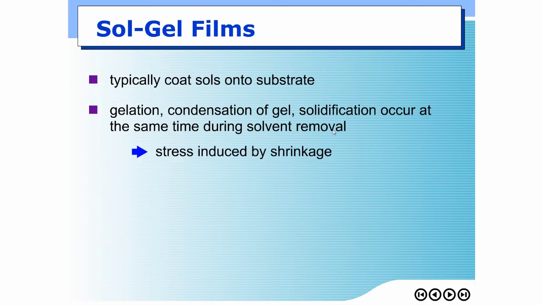But sometimes when you have fast evaporation from the gel, the foam tends to shrink. When you have the shrinkage of the foam, you may induce stress inside the foam that would give you cracks. So too fast an evaporation may result in cracks in the foam. That's why the drying must be controlled.